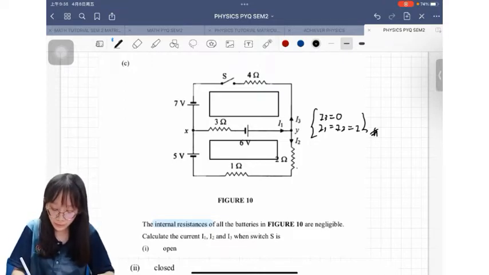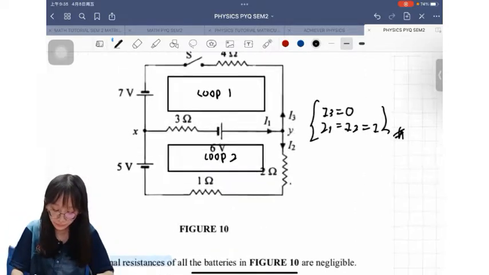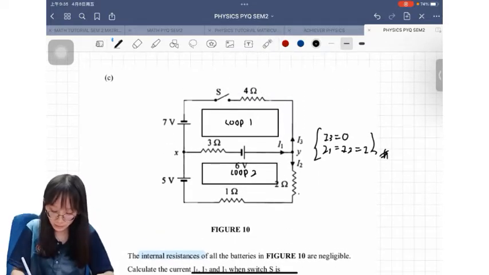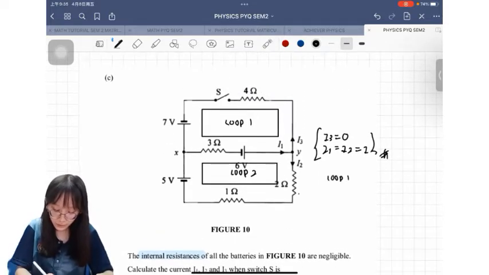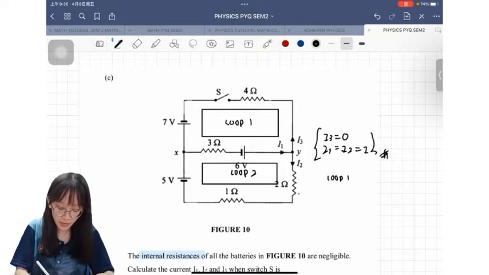This is loop 1, this is loop 2. For loop 1, we identify the direction of the voltage first.